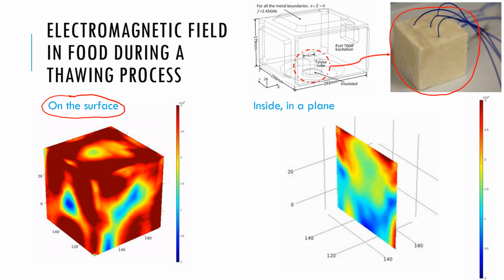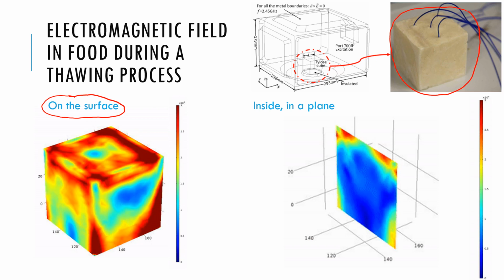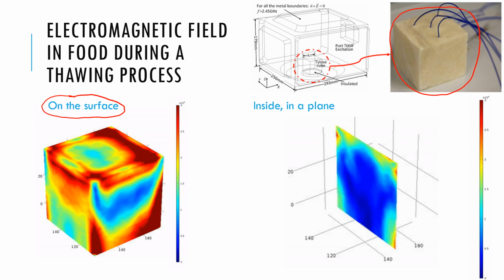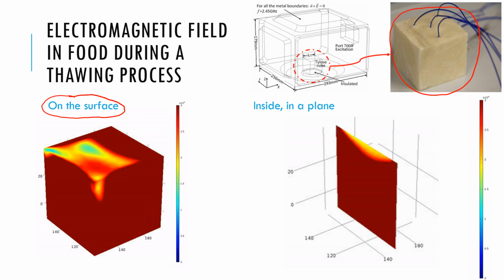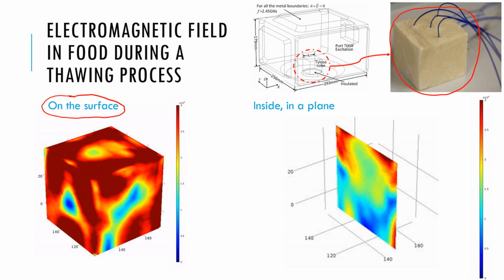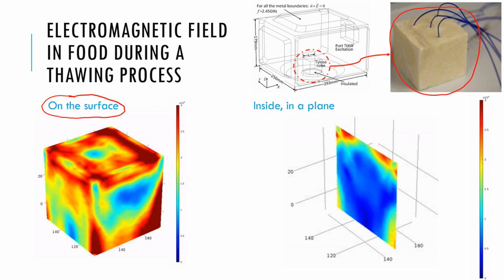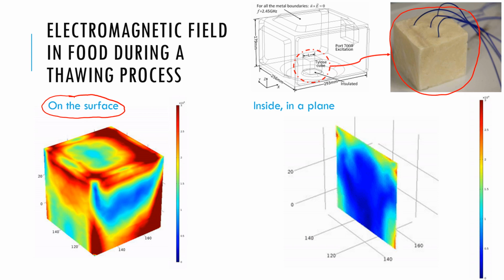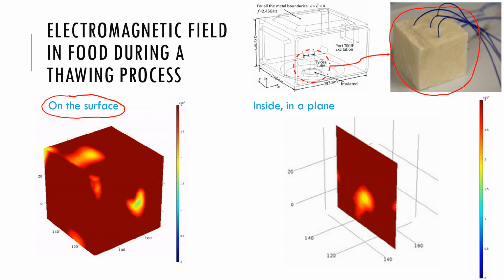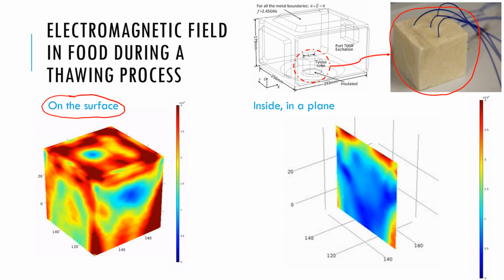Now we want to look inside. So if we take a section through the cube, that's what is shown on the right. So this one shows how the field inside the food changes, and of course it also varies with time.